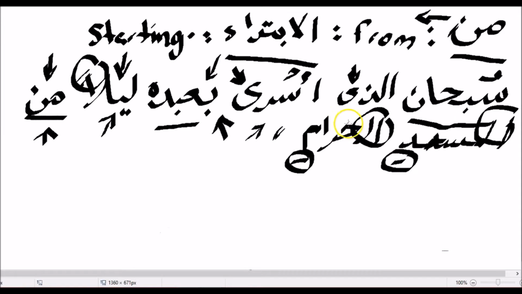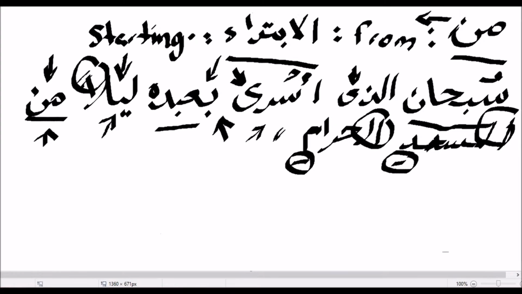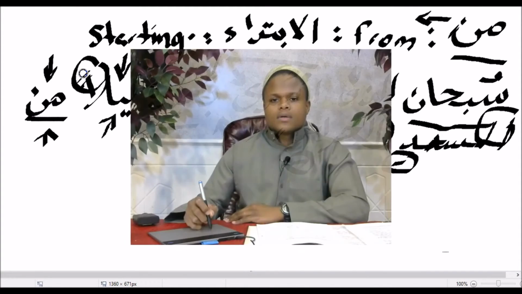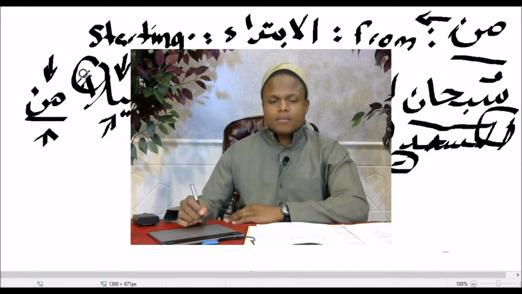Rasulullah sallallahu alayhi wa sallam, as it is described in the Sahih Hadith, traveled at night, body and soul, from the Masjid al-Haram, which, as you all know, is in Mecca. Mecca itself is a Masjid al-Haram.